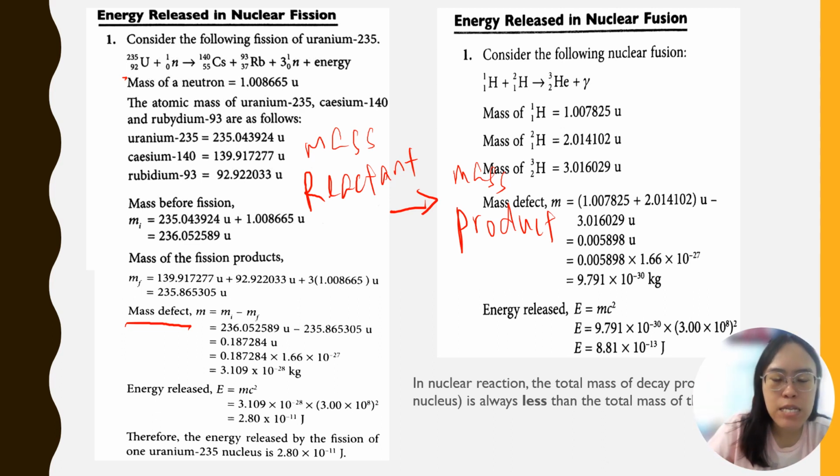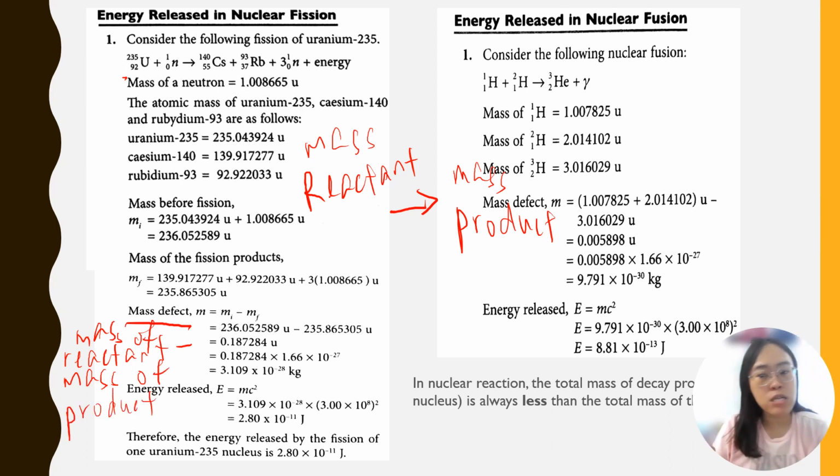So mass defect is always the mass of the reactant minus the mass of the product, no matter whether it is a nuclear fission or a nuclear fusion.